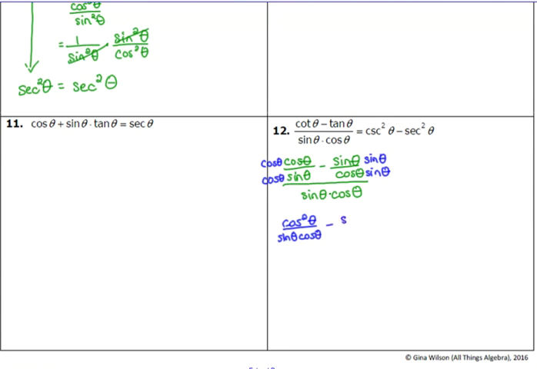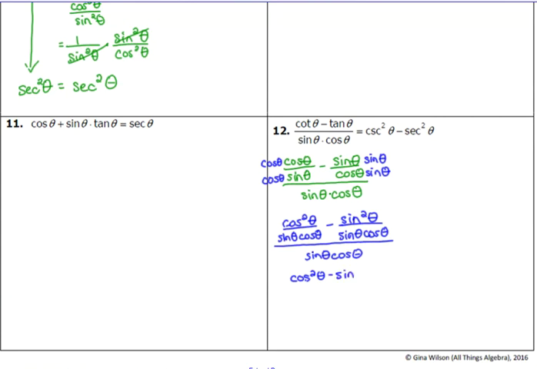Sine times sine is sine squared. And that's over sine of theta cosine of theta. We can then combine there in the numerator.